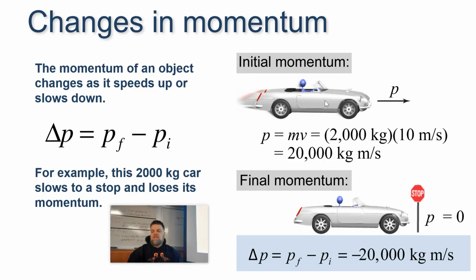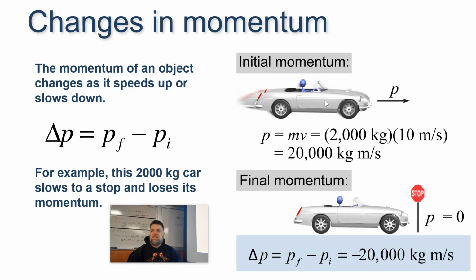And then it has to slow down to stop at a stop sign. So when it stops at a stop sign, the momentum is 0. And so the change in momentum is the final momentum minus the initial momentum. Because this has to deal with acceleration, there are a lot of similarities. Because I'm slowing down, my change in momentum is negative.